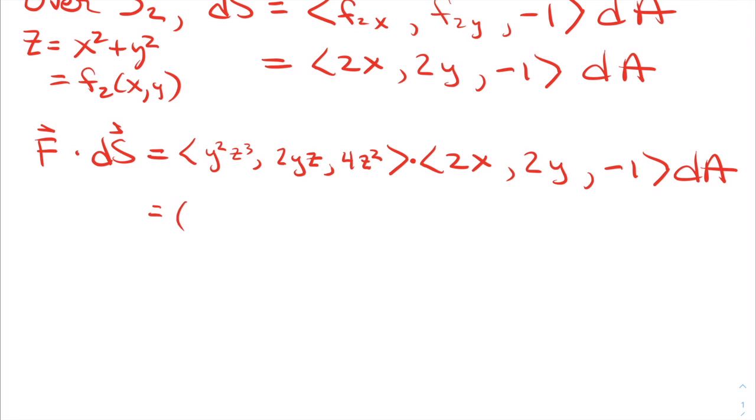We're going to have a 2x y squared z to the third plus, looks like to me, a 4y squared z and then plus, minus 4z squared. Okay, and that'll be dA.